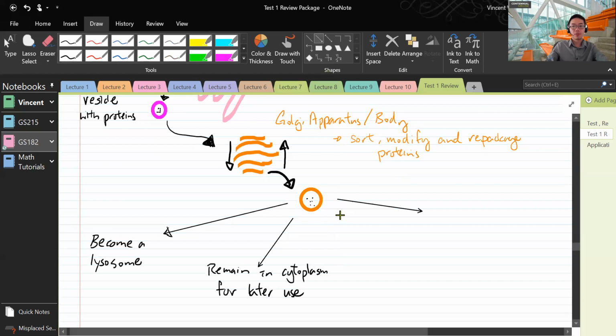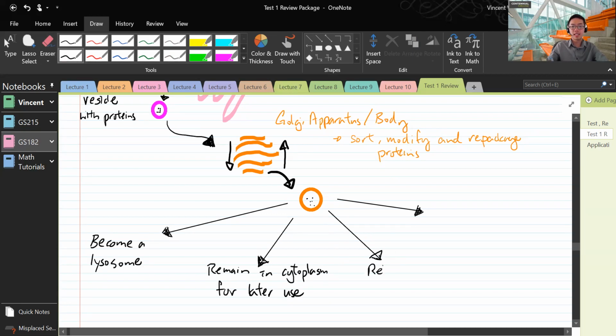And what else can it do? What else is it going to do? Very good. Okay, what is another possible destination for this orange thing? Yes, out of the cell.